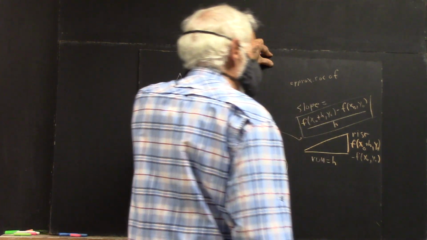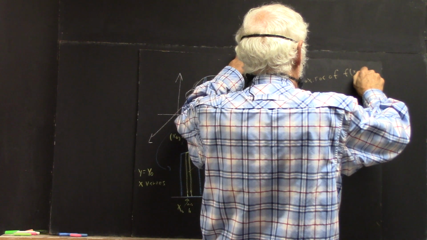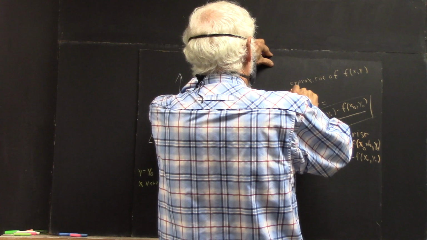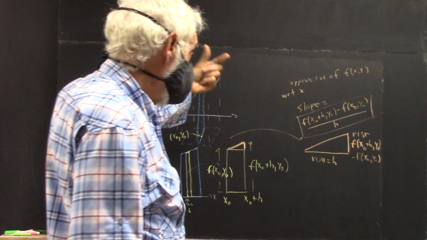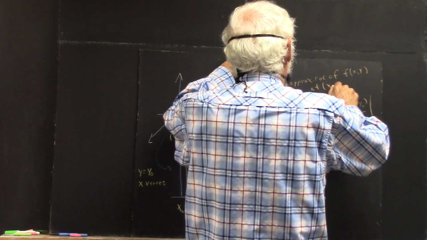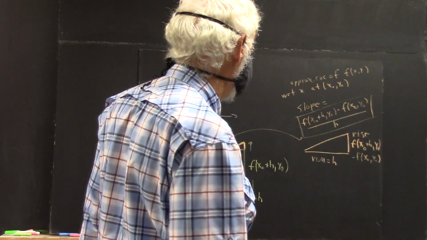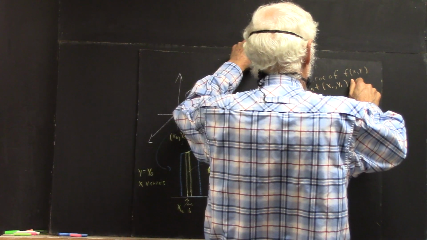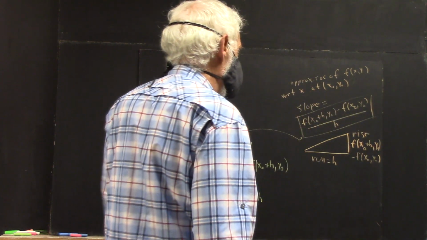I say it's the approximate rate of change of f of x, y with respect to x, because x is what's changing and causing the change in f of x, y at the point x naught, y naught. I don't have room to write it somewhere. Okay?